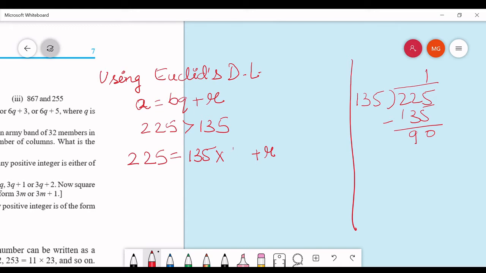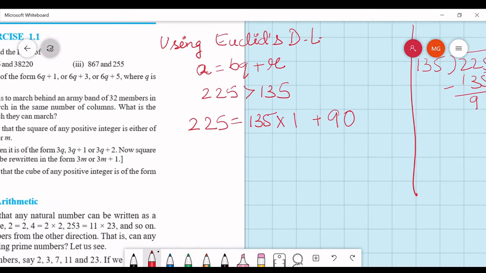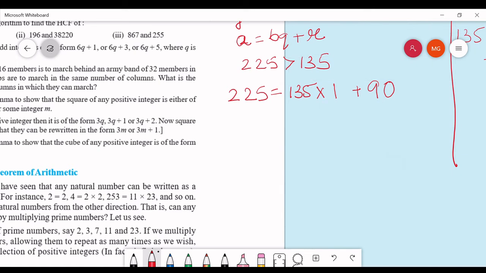So this is 1 and your remainder will be 90. Okay, again your next step will be, you will be copying this here, right? So this will be 135 equals 90 multiplied by the quotient, and then you will add the remainder.